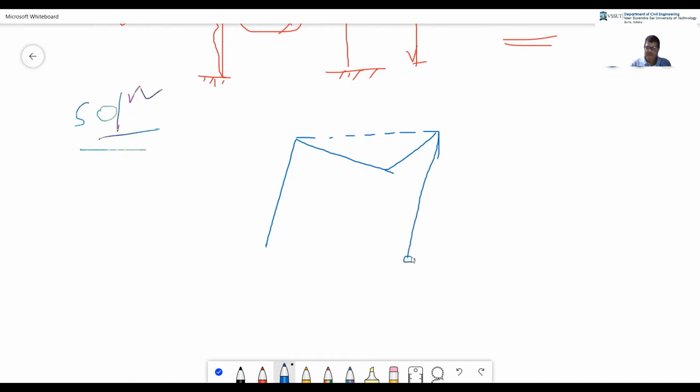Now there will be plastic hinges here and here. Where the third one will happen, you don't know, so let it be at distance X, and this distance will be L minus X. This will be theta and this will be phi.